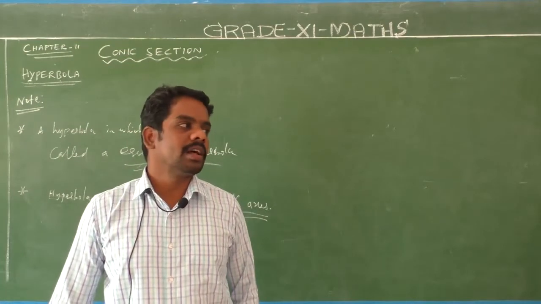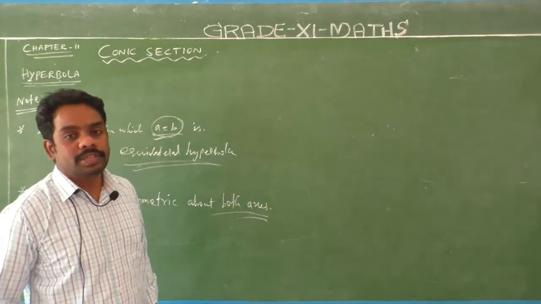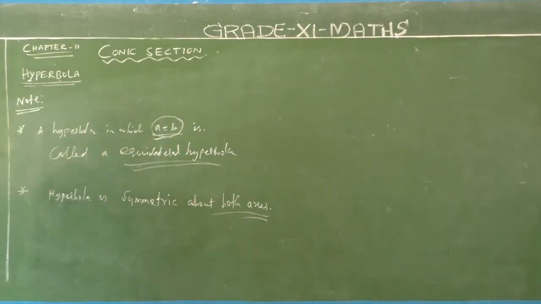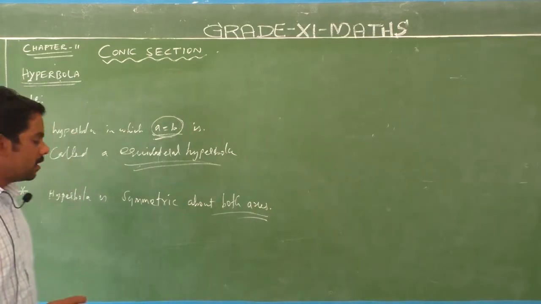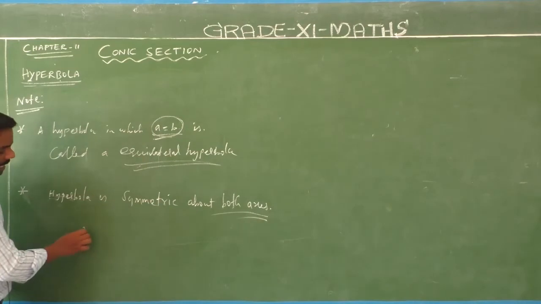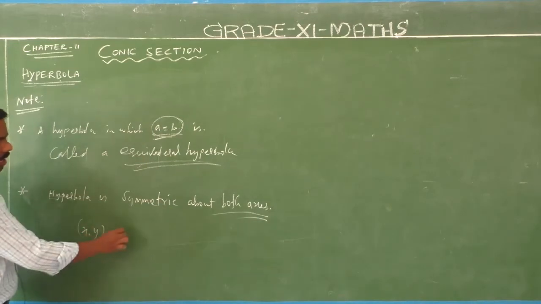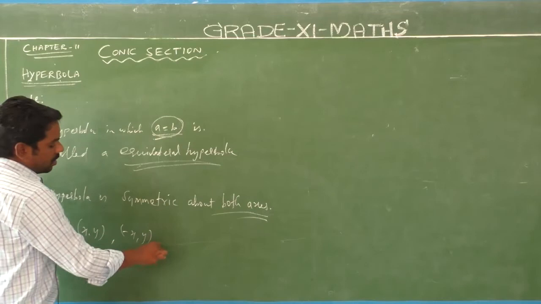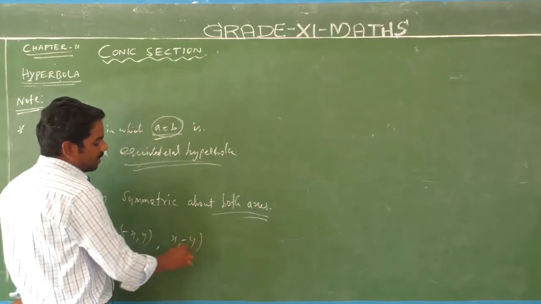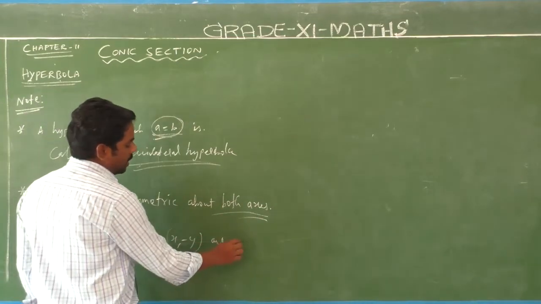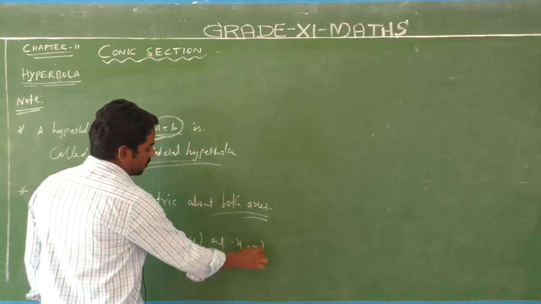So the hyperbola is symmetric about both axes, and the ellipse is also symmetric about both axes. Why, sir? Listen: the points (x, y), (minus x, y), (x, minus y) and (minus x, minus y).